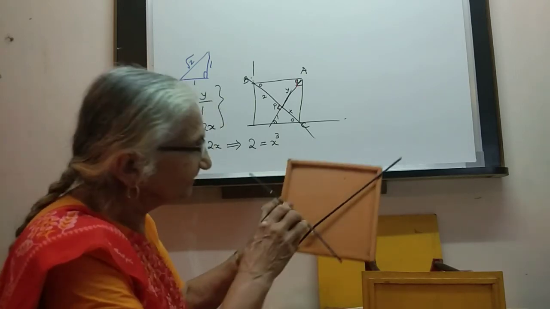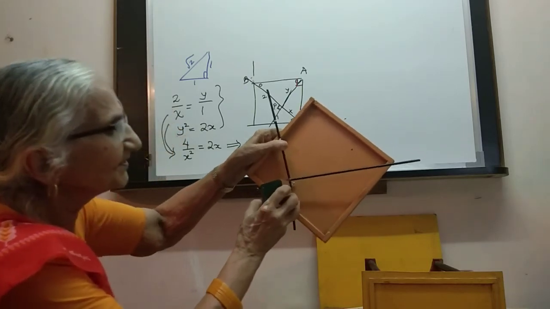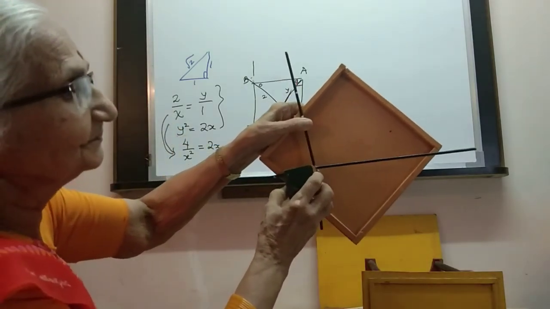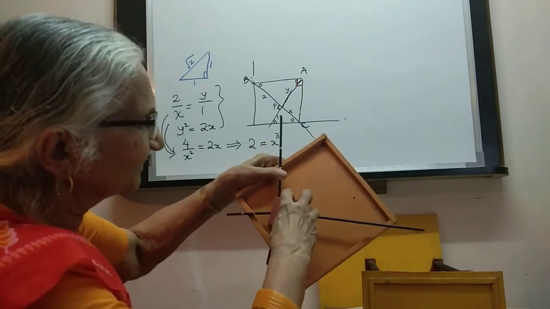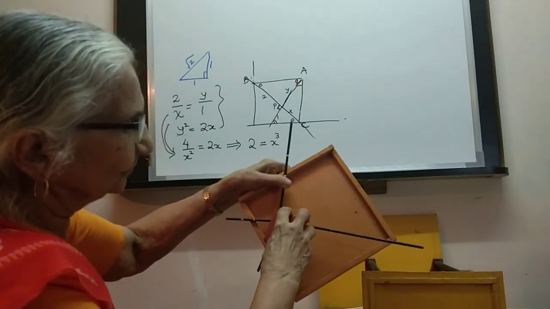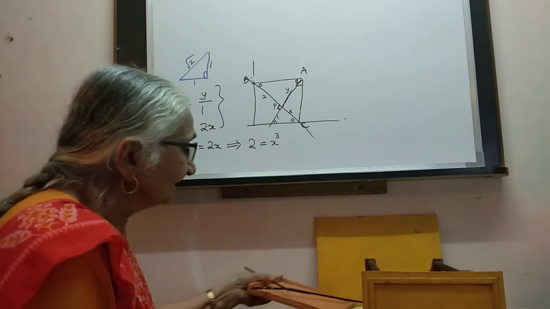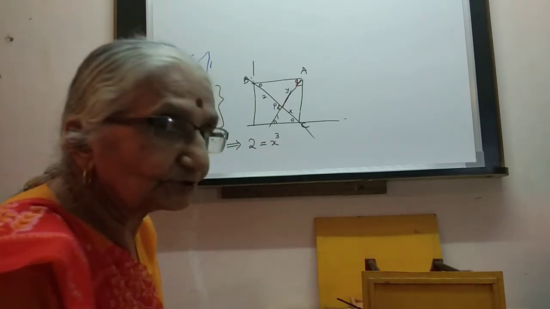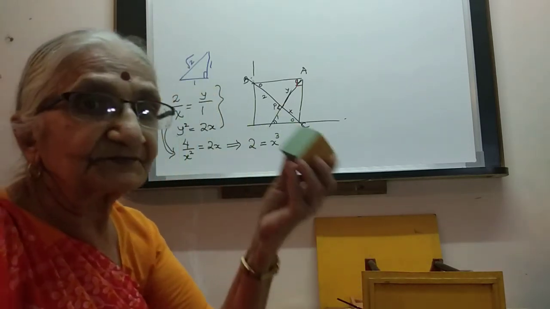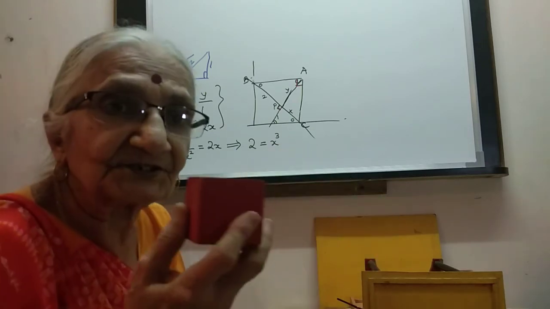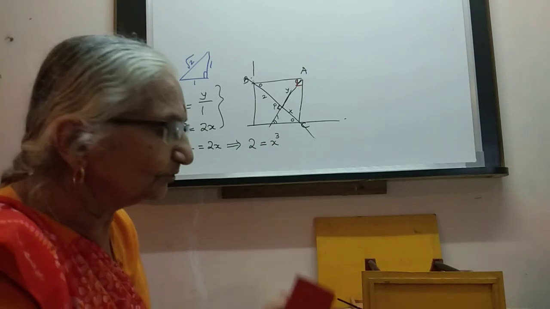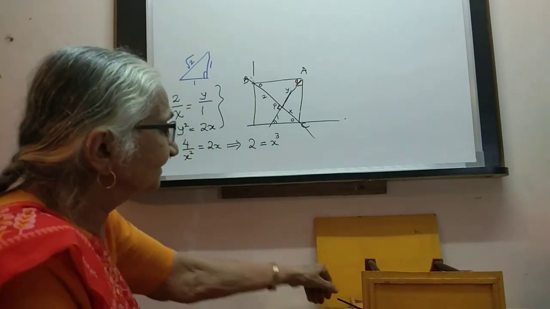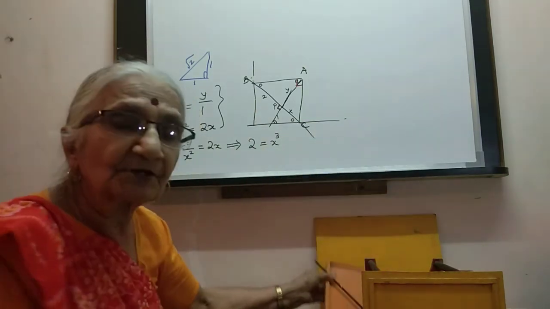Now it so happens that you can see here that this is your 1 unit, and your x is supposed to be cube root of 2, and this is your cube root of 2. So it's a matter of chance that the cubes that I have are such that if this length is 1, this length is cube root of 2, or in other words, here is a cube which is double this cube. And how did we get it? By this model. Okay, thank you.